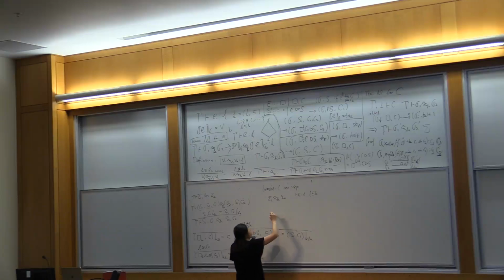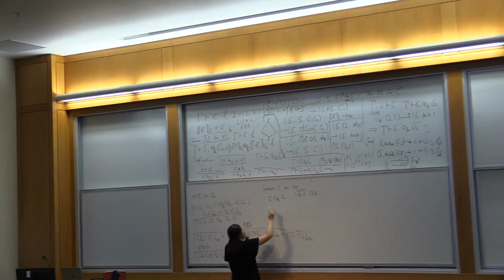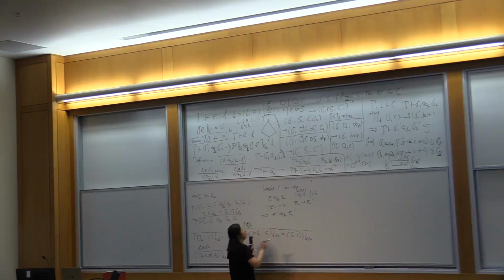If that's the case, and both sigma i, with i being 1, 2, step, then if sigma 1 makes a step to sigma 1 prime and sigma 2 makes a step to sigma 2 prime, this implies that sigma 1 prime is still equivalent to sigma 2 prime.